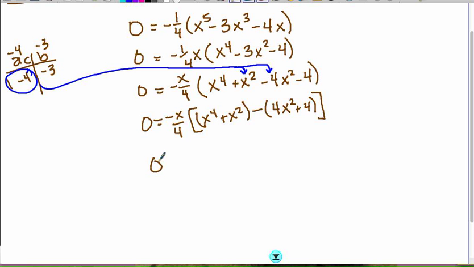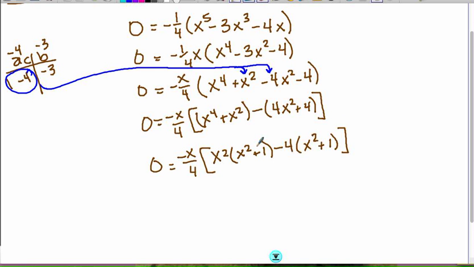Once I move on, negative x over 4, I'm going to look at this and say that I can factor out an x squared. I'm going to use brackets here. If I factor out an x squared from both of these, I'm left with x squared plus 1. Here I'm going to factor out a 4 like I stated earlier, so I'm left with x squared plus 1.